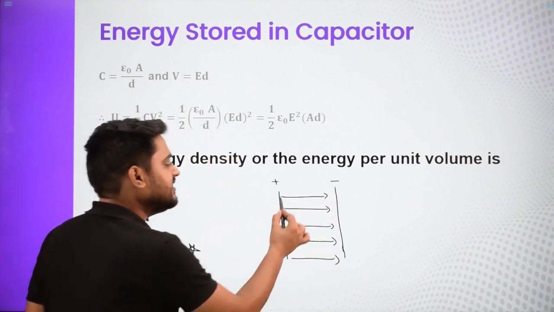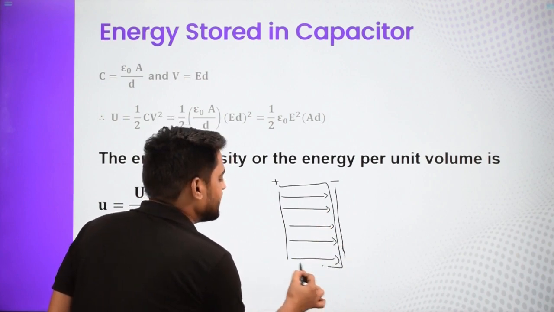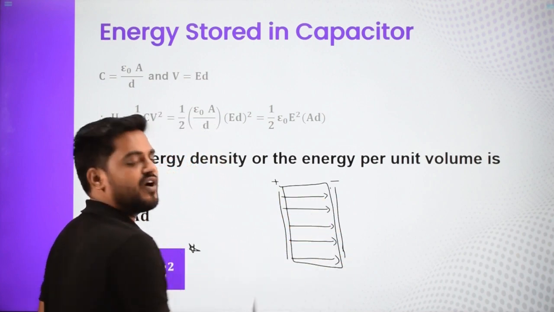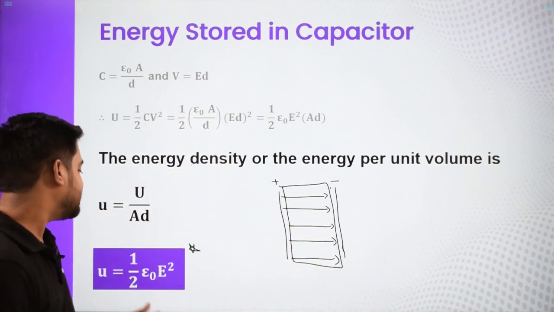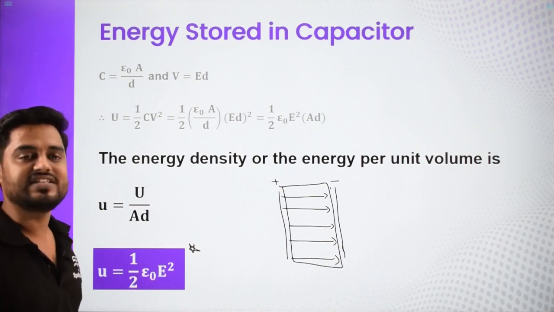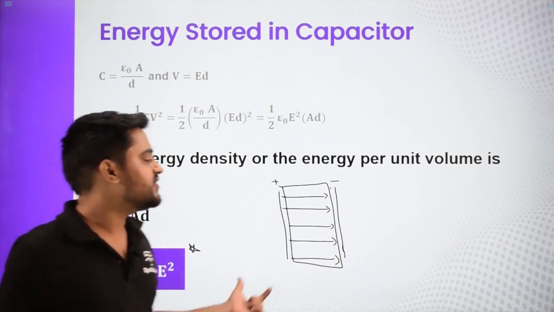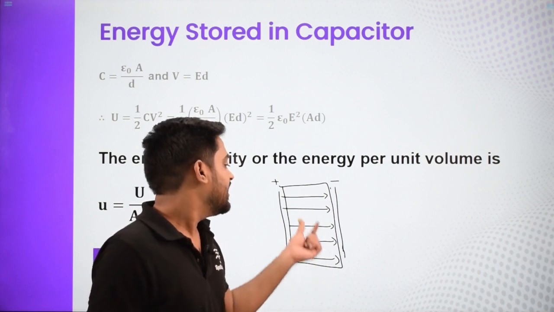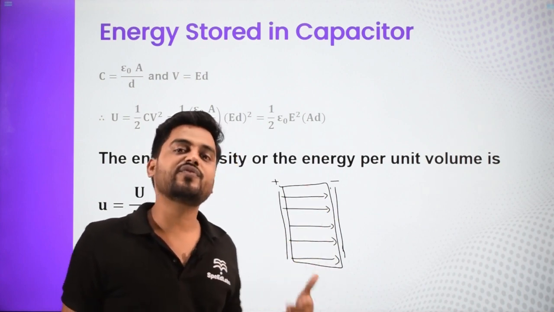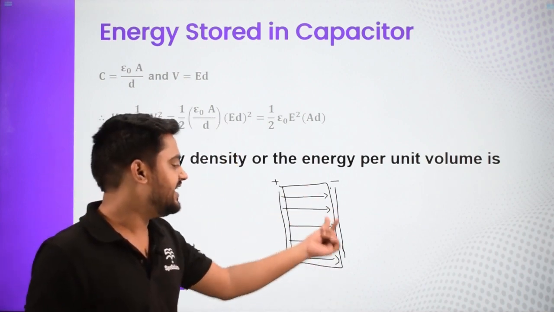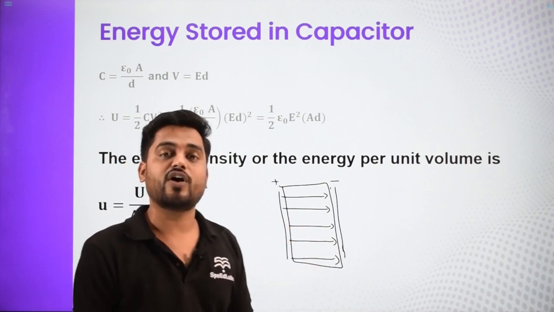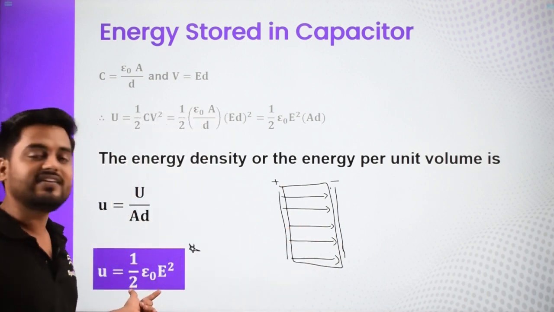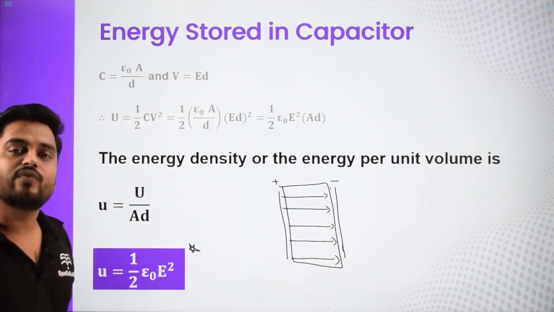So in this volume we just have a uniform electric field. So we can say this energy density, or energy per unit volume, is also the energy stored in a uniform electric field for a certain space, or per unit volume. So this is also the electric field energy per unit volume.